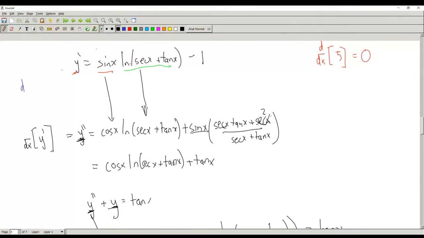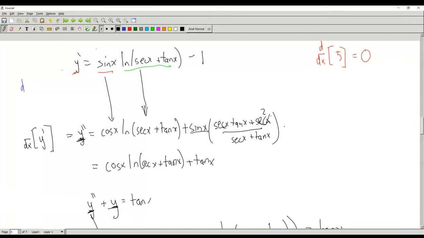The derivative of ln of something is 1 over the content, so 1 over sec x plus tan x times the derivative of the inside. The derivative of sec x is sec x tan x, and the derivative of tan x is sec squared x, multiplied by sine x.